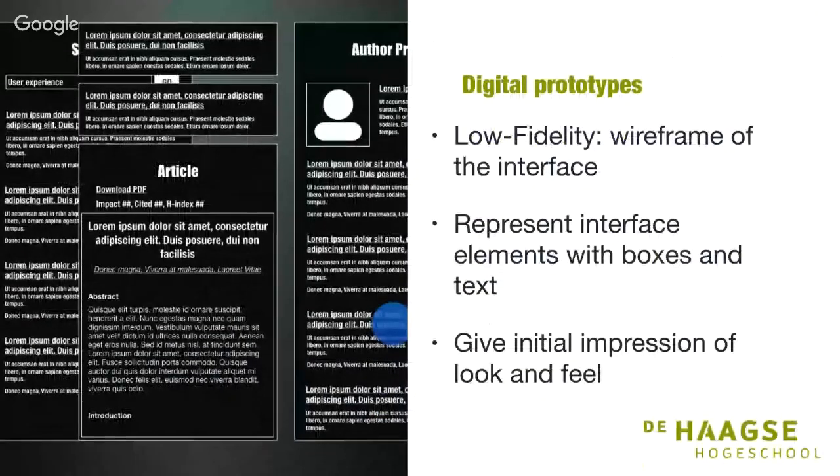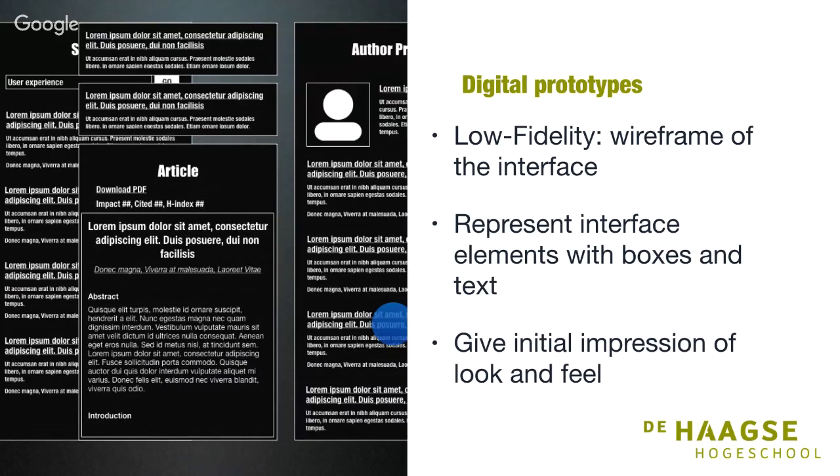To make digital prototypes, you can use different types of programs, and again, you can make low fidelity prototypes. Here I have an example of an interface I made for a company a long time ago, and you can see it's just a very crude layout of how the interface will look.